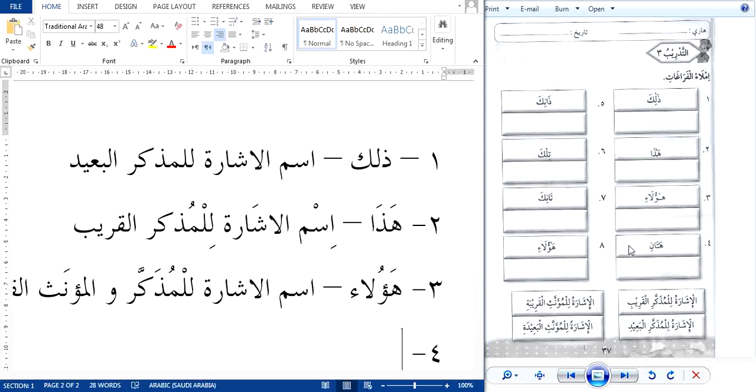Okay, and the next one, number 4, رقم 4. هاتان. What do I say about هاتان? هاتان is for girl. Starting with ها and ta, this one هاتان is for girl, for near.